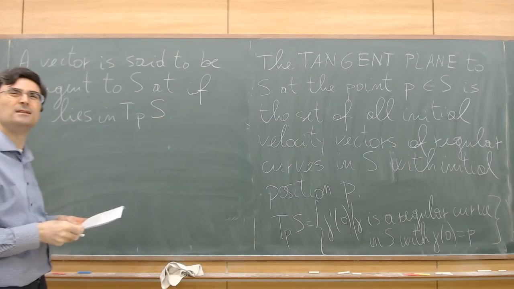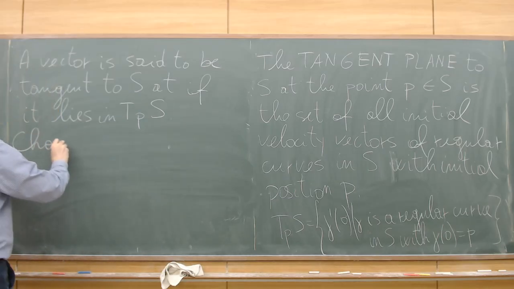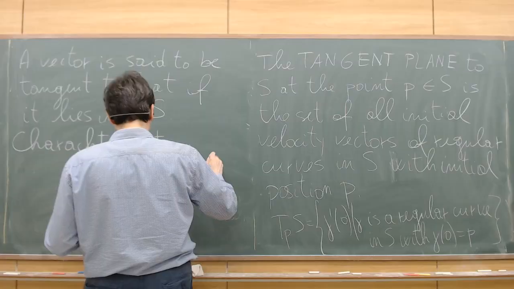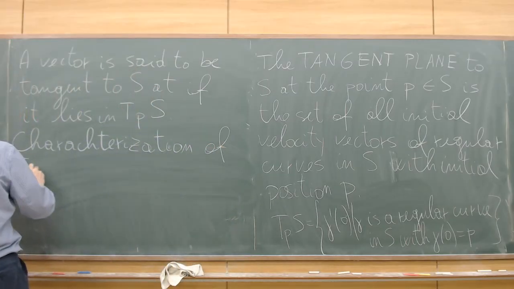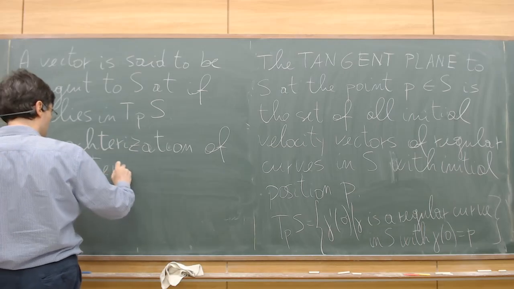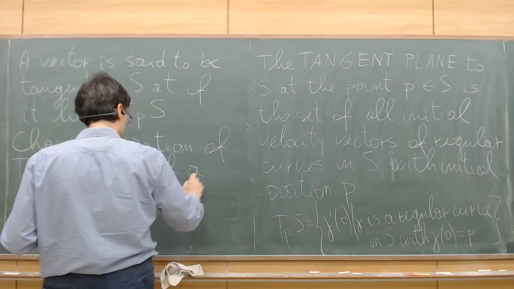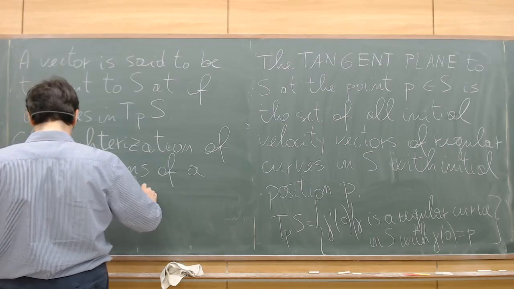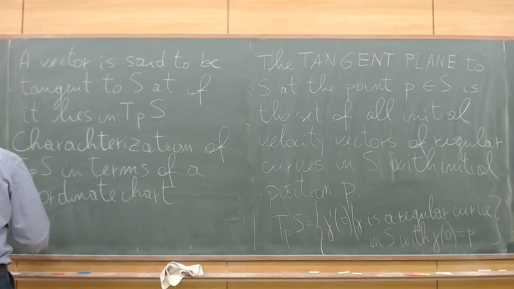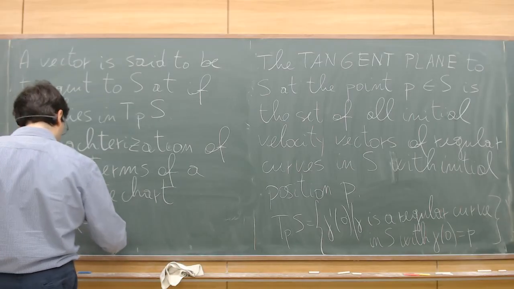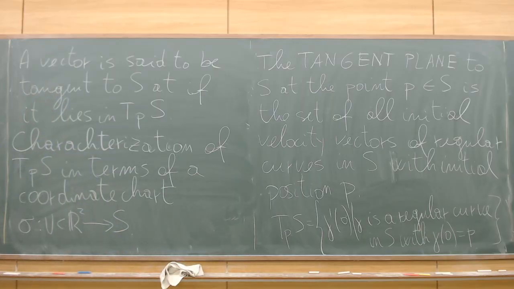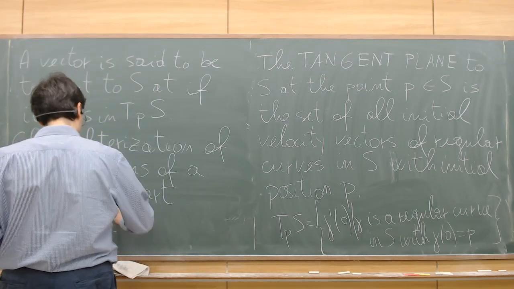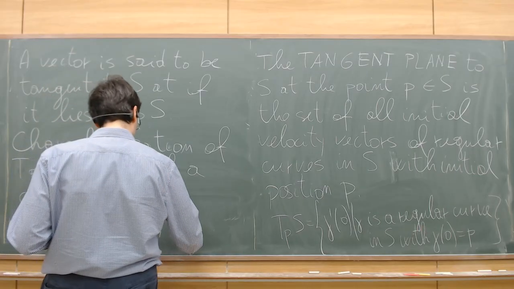Now let's see the characterization of TPS in terms of a coordinate chart sigma defined on U open set in R2 with values in V contained in S and P in V.